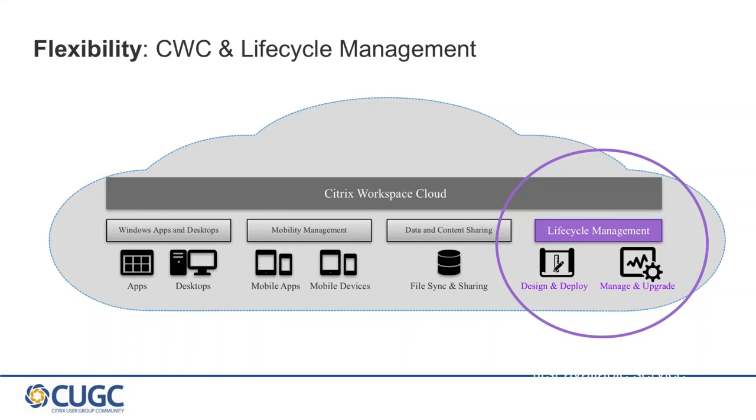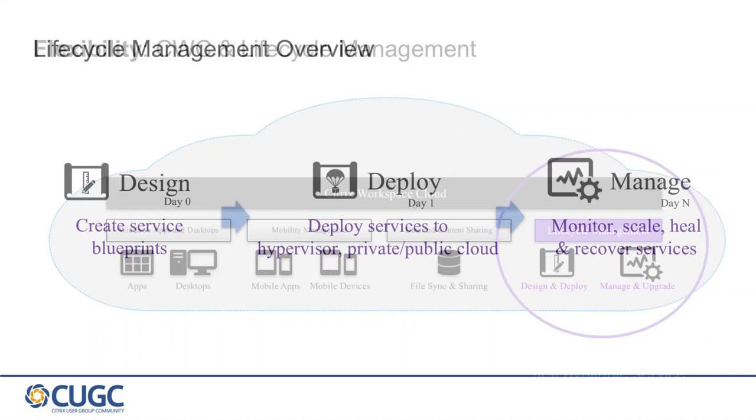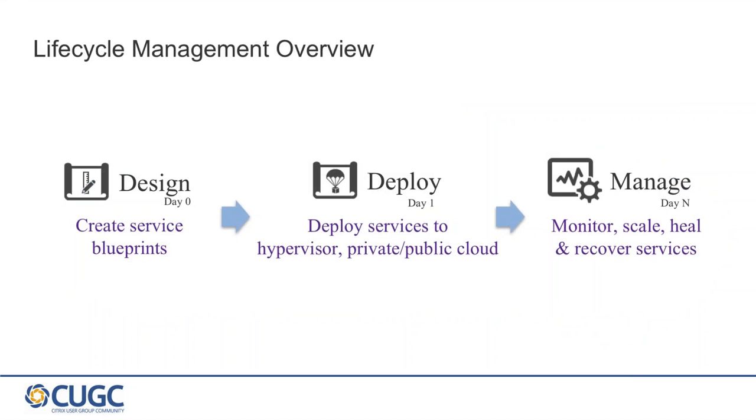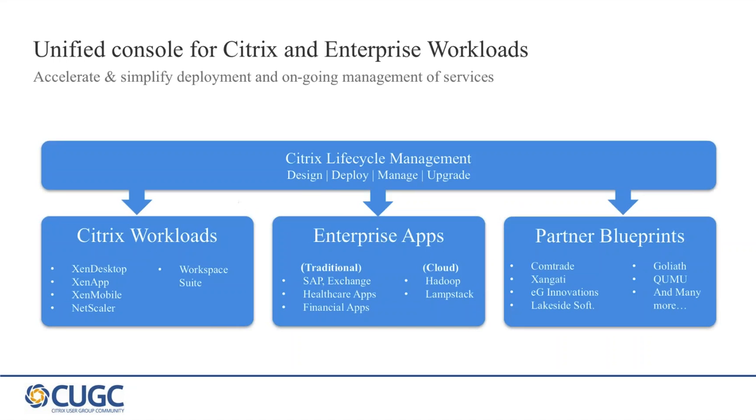You want to design, deploy, and then manage and update. Keep it upgraded, keep it updated. You design by creating blueprints. That's your day zero. You're going to see how your application works. Then you deploy it, and after that, you manage your environment. And your deployment can go anywhere, and we'll look into that. Jarian, you want to talk about this one?